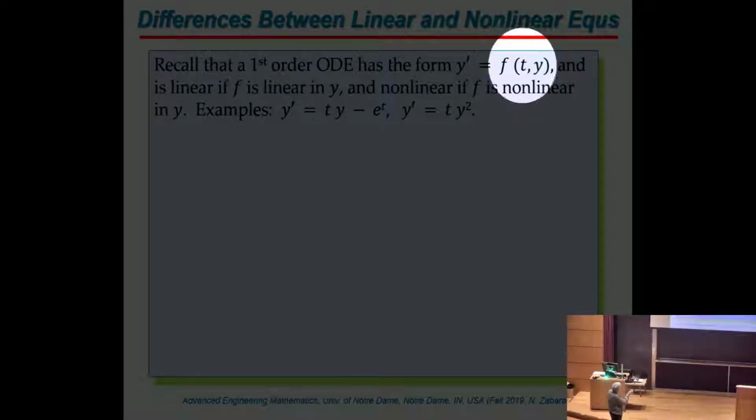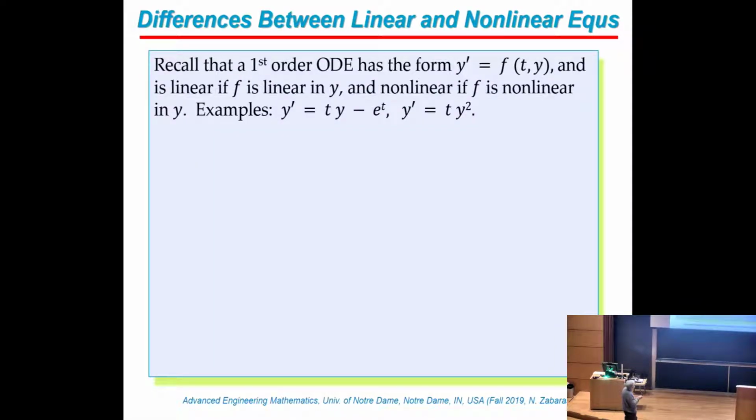If this function is nonlinear, then we call this a nonlinear ODE. And obviously, if the equation becomes nonlinear, lots of strange things may happen. Some of those you cannot generalize and say, for any nonlinear ODE, this is what happens. No, it depends on that particular ODE.